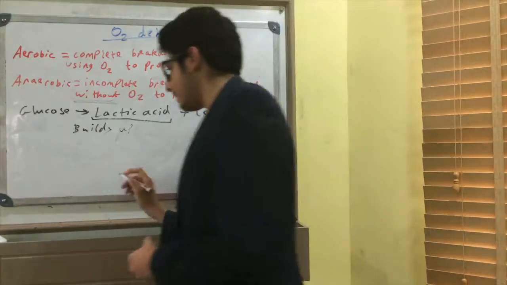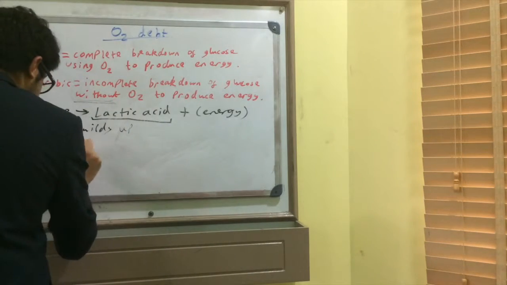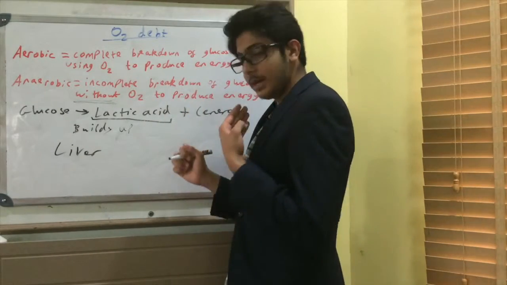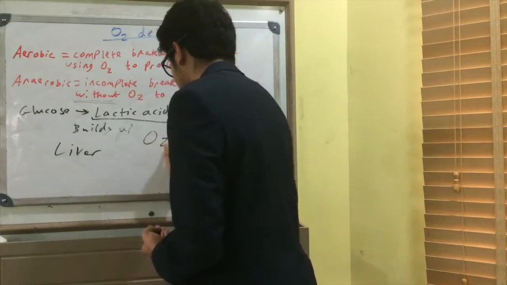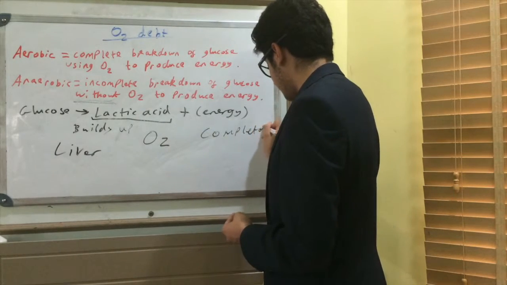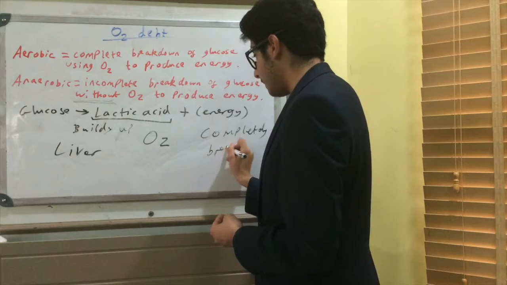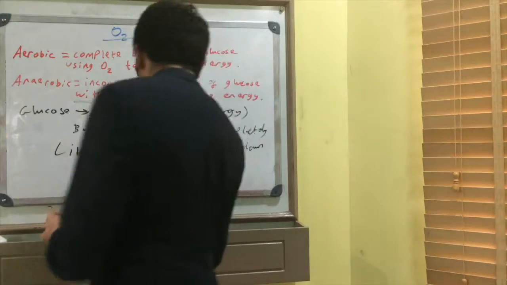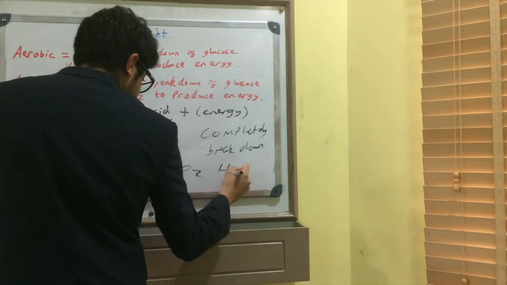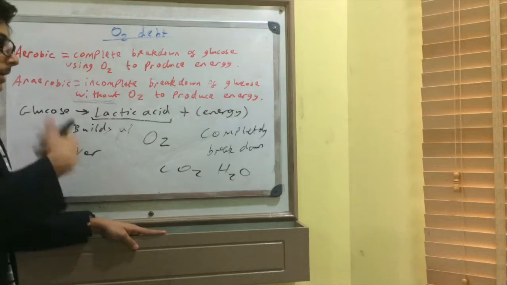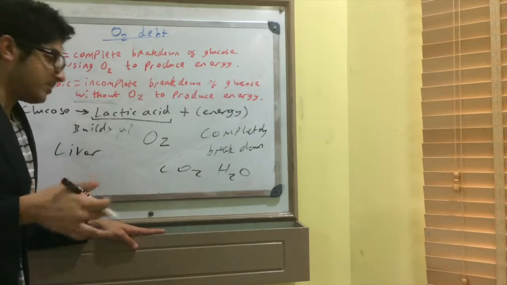And so the lactic acid is moved to the liver, where extra oxygen from the air is taken into the body to completely break down the lactic acid to produce carbon dioxide and water by a process of aerobic respiration.